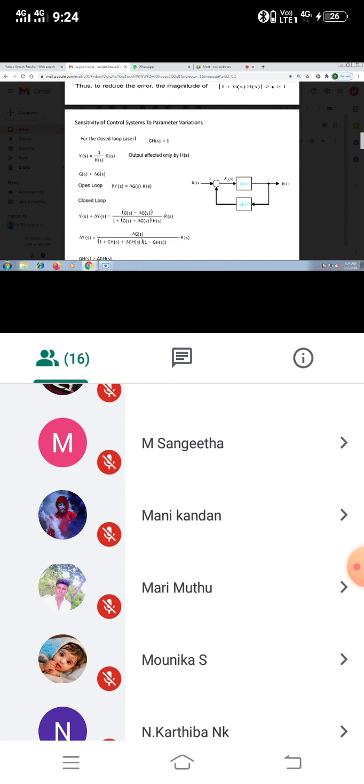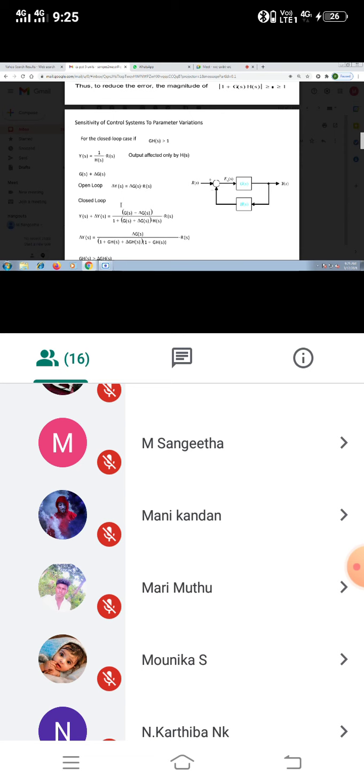Del represents the differentiation of output in the closed loop under working conditions. So del Y of S equal to del G of S into R of S, where R of S is the input, G of S is the system, and Y of S is the output.